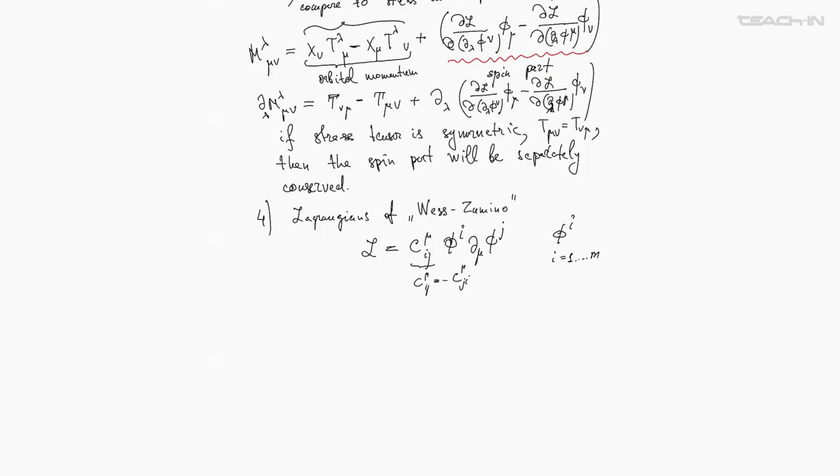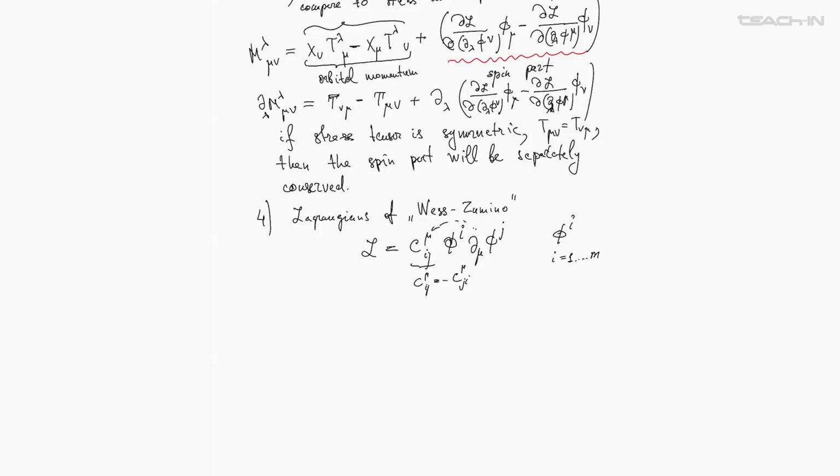So this is needed, otherwise the Lagrangian will be a total derivative. This antisymmetry property guarantees that you cannot take this derivative out, because if you take it to the left, first of all, you will obtain a minus sign, but then if you replace i for j because of the skew symmetry of these C's, you will return back to the original Lagrangian, and the total derivative term will vanish.